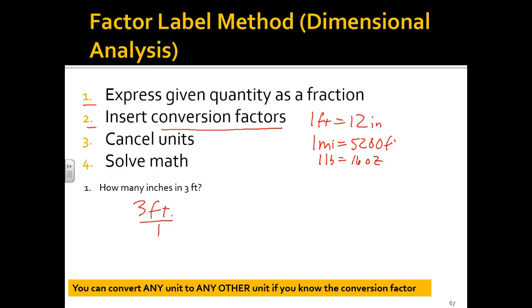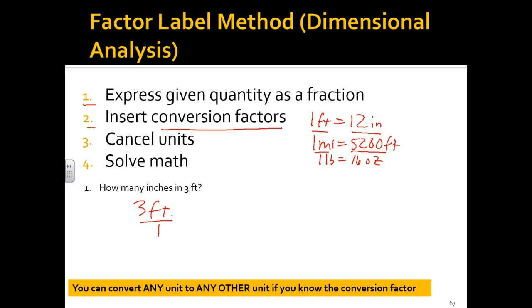So as long as these are equal quantities. If you took a ruler, 1 foot is exactly the same thing as 12 inches. It's just a different way to express it. The same as a mile. It's just two ways to express the exact same thing, a pound to ounces.